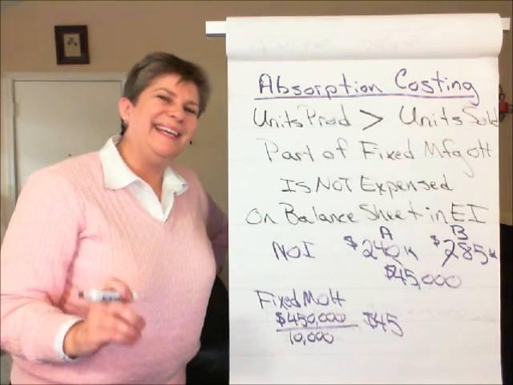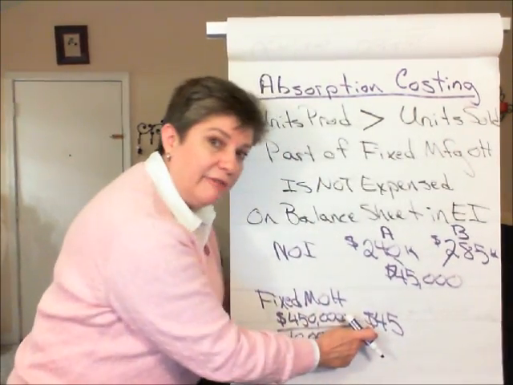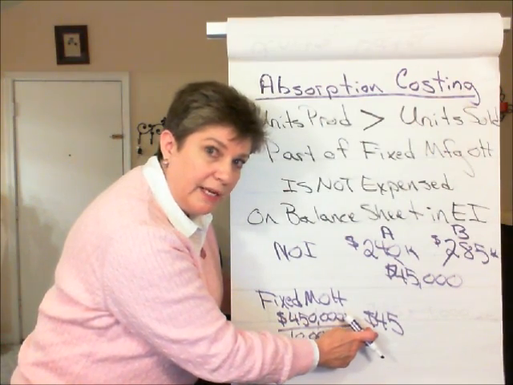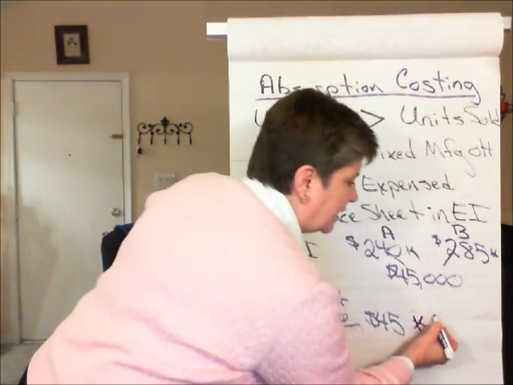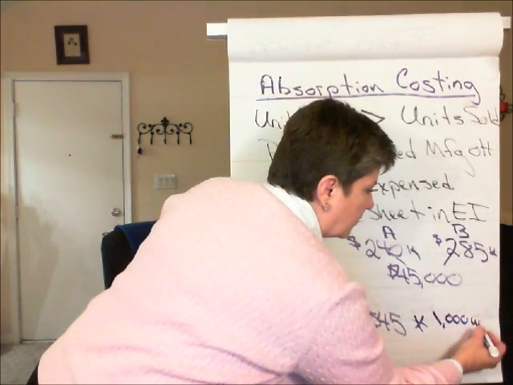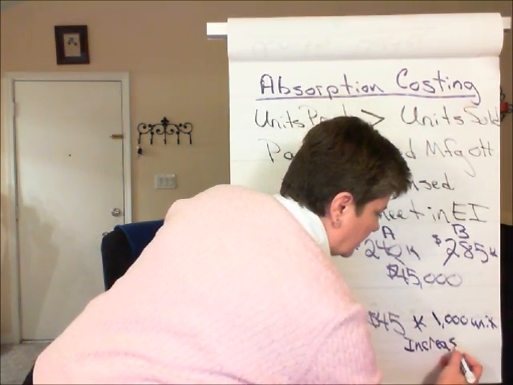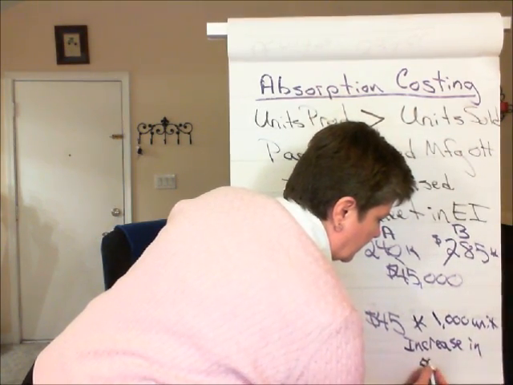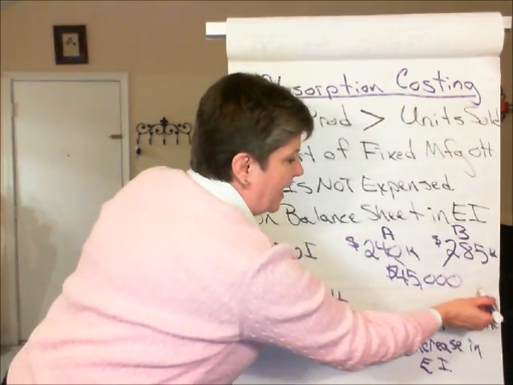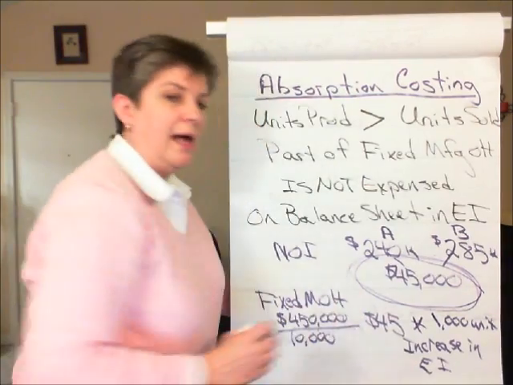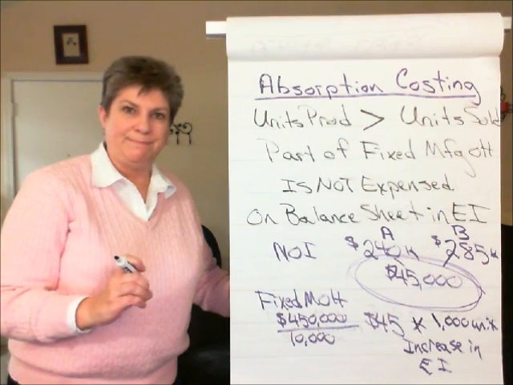So we started out with 500, but at the end of the period in scenario B, we had 1,500 units. So inventory increased by 1,000 units. If we take that fixed overhead rate in scenario B of $45 per unit and multiply it times the 1,000 unit increase, what do we get? 45 times 1,000, that is our $45,000 difference in income between scenario A and scenario B. So that's what happened.